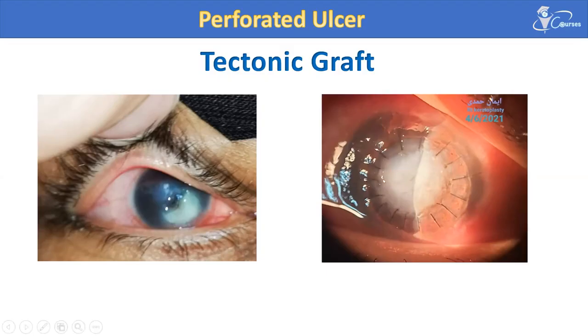It was done just to restore the ocular surface and prevent the persistent opening of the anterior chamber, with its higher incidence of endophthalmitis. So this is called a tectonic graft, where we do a corneal graft to restore the ocular integrity.